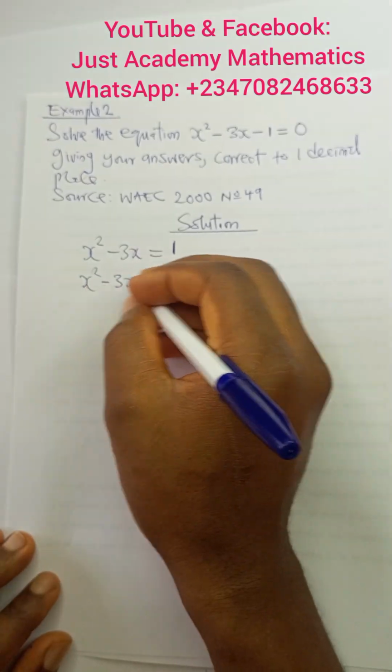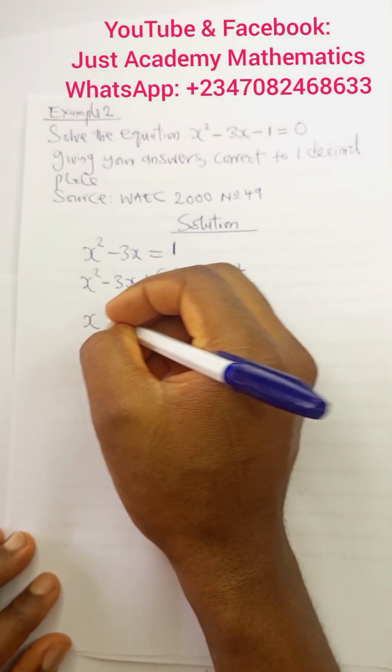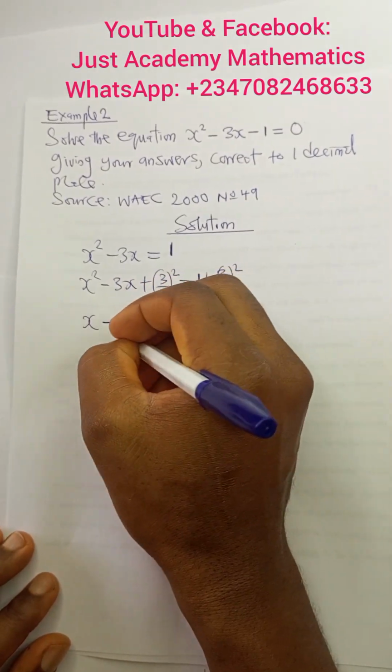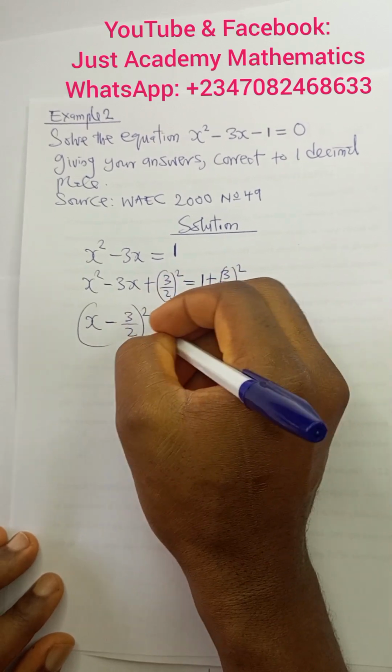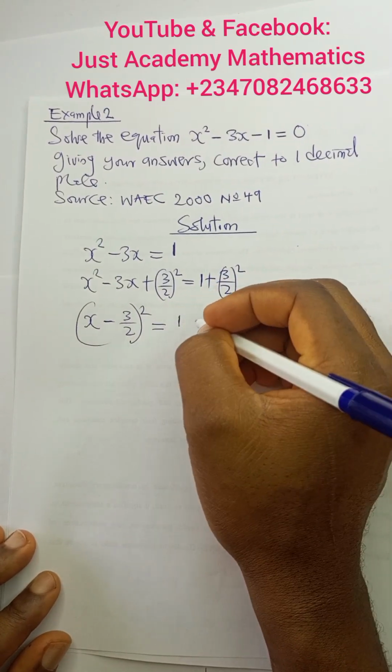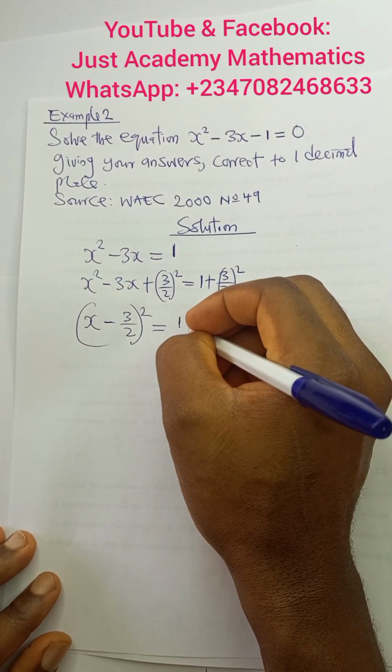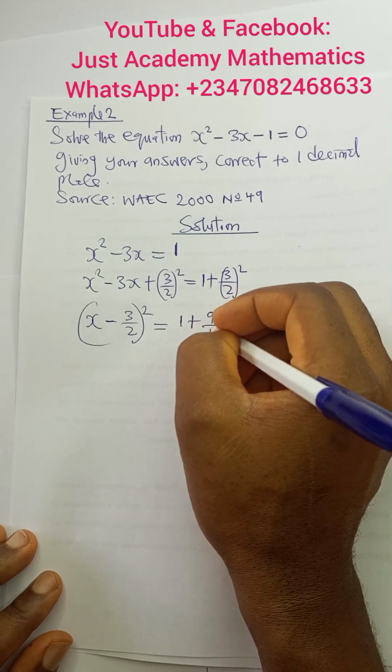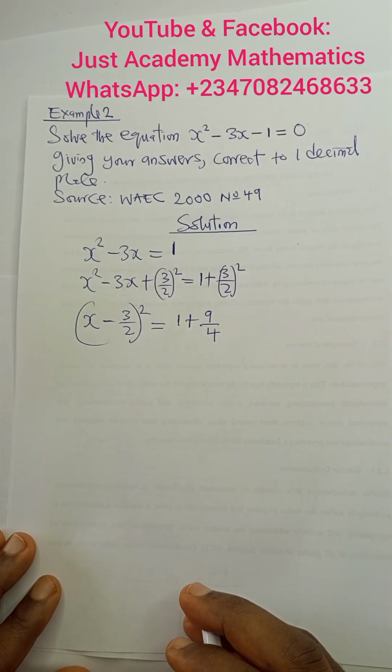So when you factorize this, of course, you pick s minus 3 over 2 squared equals 1 plus 9 over 4. Are you with me now?